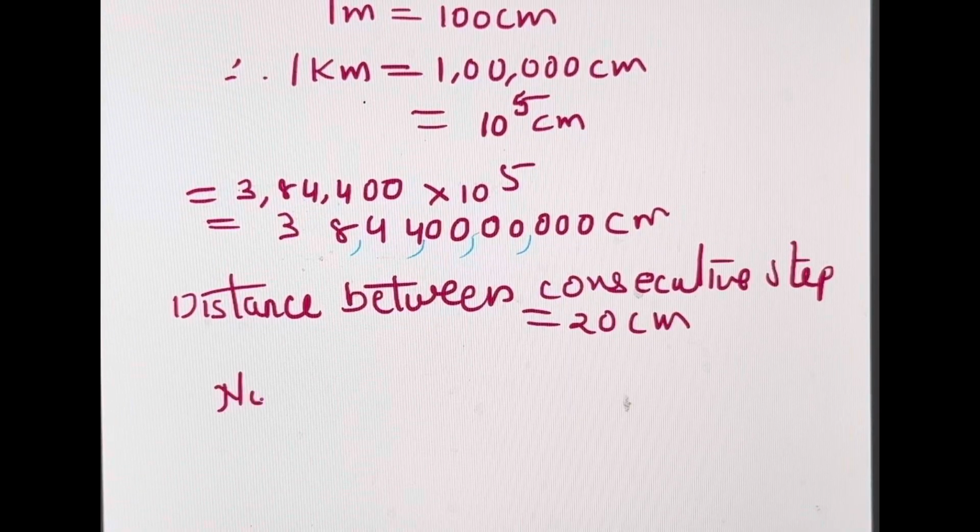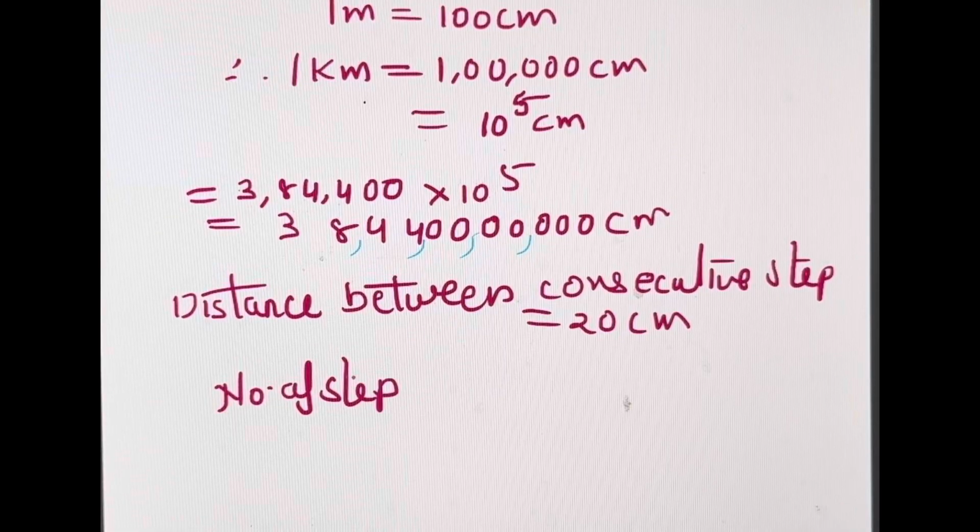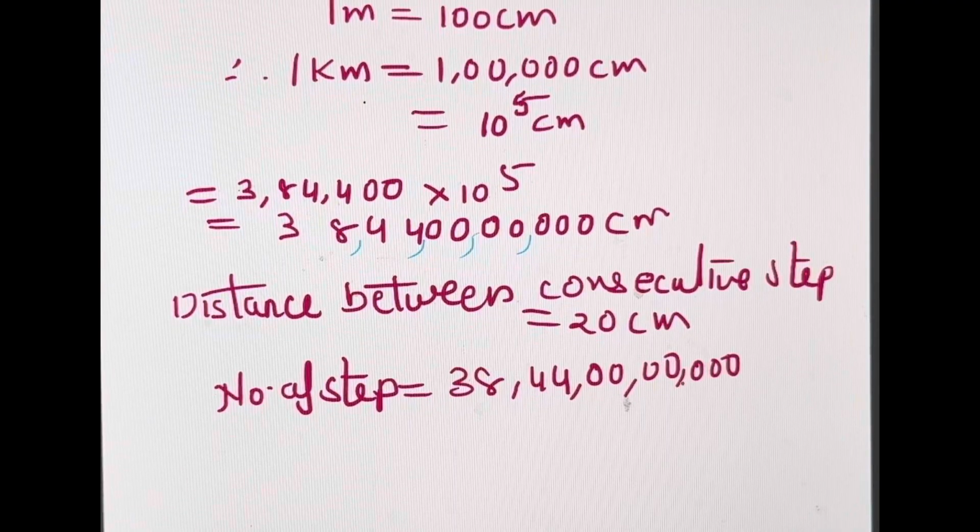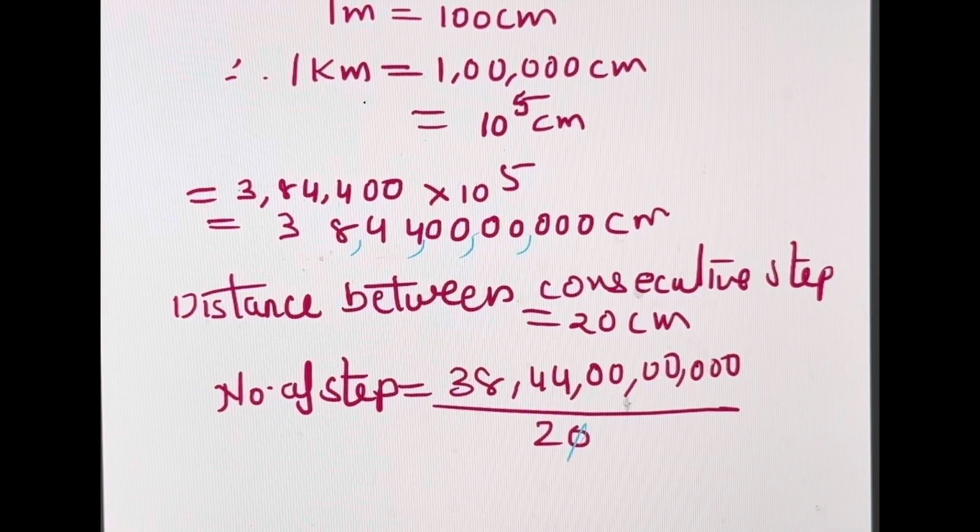So to get the number of steps needed to reach the moon, we have to divide this number, 3844 followed by how many zeros? 1, 2, 3, 4, 5, 6, 7, by 20. When you divide it by 20, you strike off this 0, and this becomes 1922 when you divide this by 2.